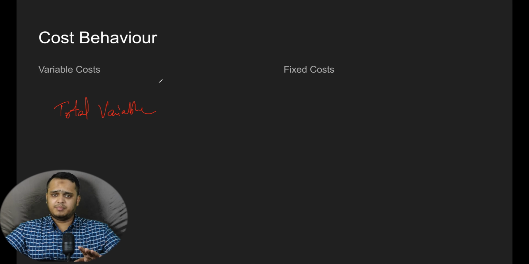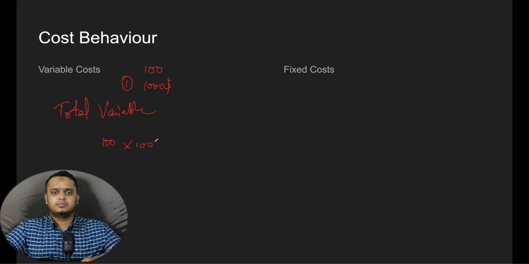Suppose, it's simple, I want to buy 100 iPhones. One iPhone is costing me $1,000. Now, if I'm ordering 100 units, it is 100 into 1,000. If I'm ordering 50 units, it is 50 into 1,000.